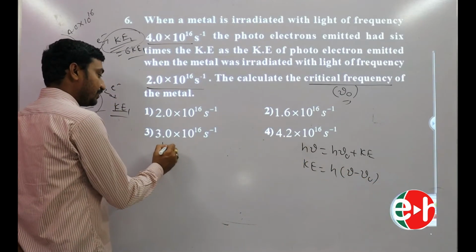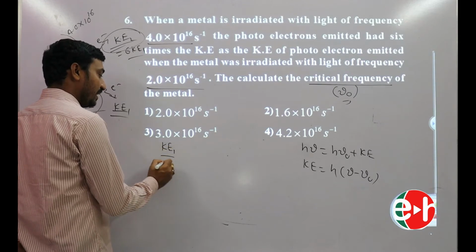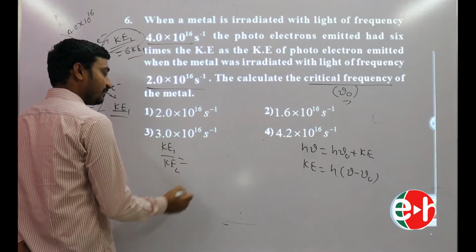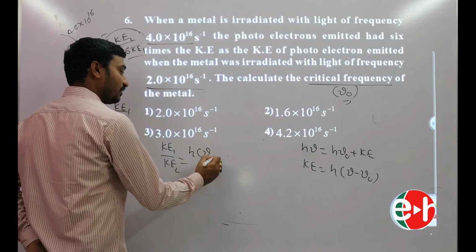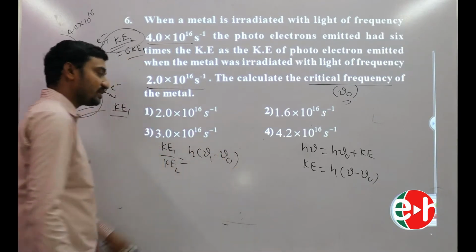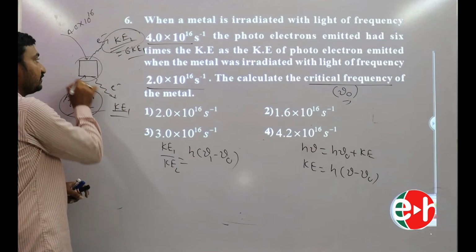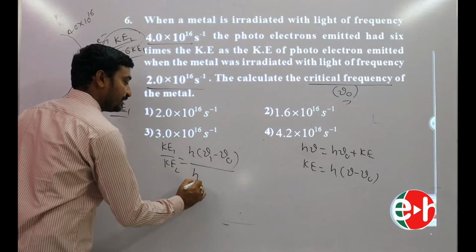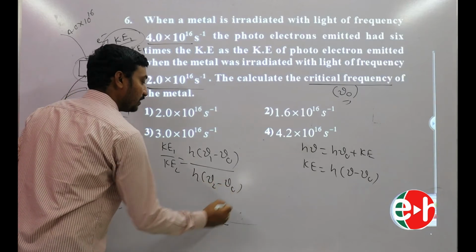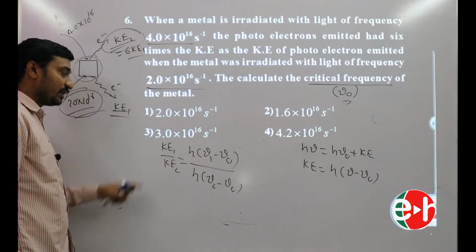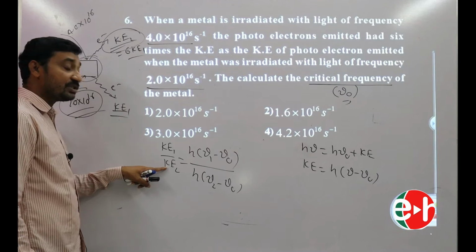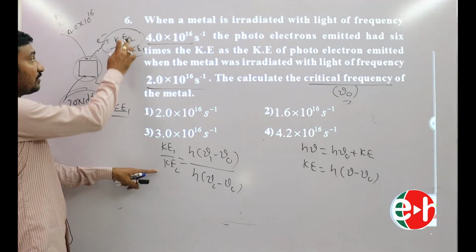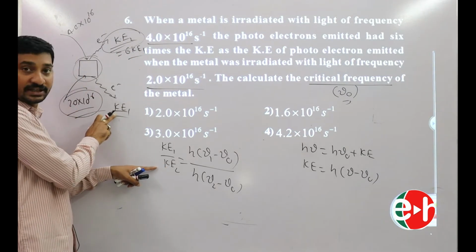Now take the ratio Ke1 by Ke2, which is equal to h into nu1 minus nu naught. Nu naught is the same. Why? Same metal, that's why nu naught does not change, by h into nu2 minus nu naught. Ke2 is equal to 6 Ke1, 6 times this kinetic energy.